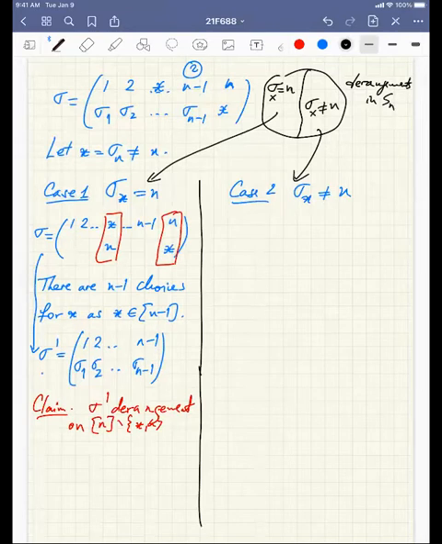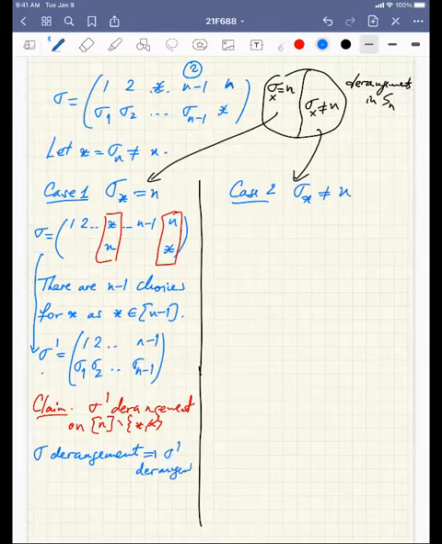And this is pretty obvious because sigma was a derangement, and we didn't change anything. The only thing we did from sigma is to delete two columns. Therefore, we couldn't have created any fixed points. Therefore, sigma prime must be a derangement.